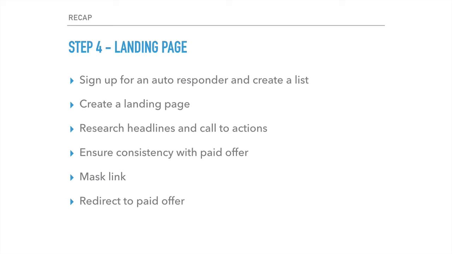So if you've got a landing page, a squeeze page, and then you're going to drive them to an offer, you need to make sure there's consistency between the two, so people feel that it's a smooth transition between the two. It's all one. Okay, that's an incredibly important way of helping to convert when people get to the sales page. You need to mask your link, so when people see it, it's not a whole host of letters and numbers and messy characters that they're less likely to click on.